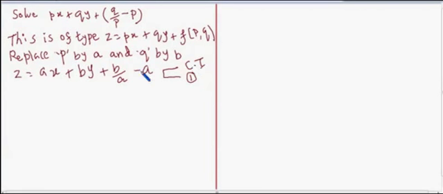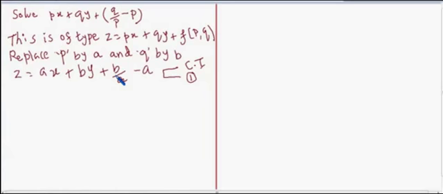We know that an expression in which the number of arbitrary constants is equal to the number of independent variables is the complete integral. Look into this equation, z is equal to ax plus by plus b by a minus a. x and y are the independent variables, a and b are the arbitrary constants.